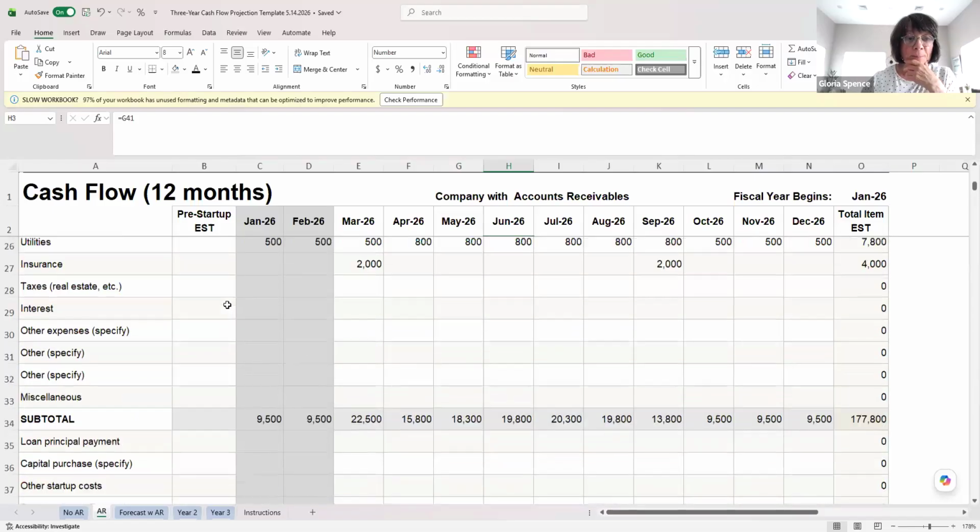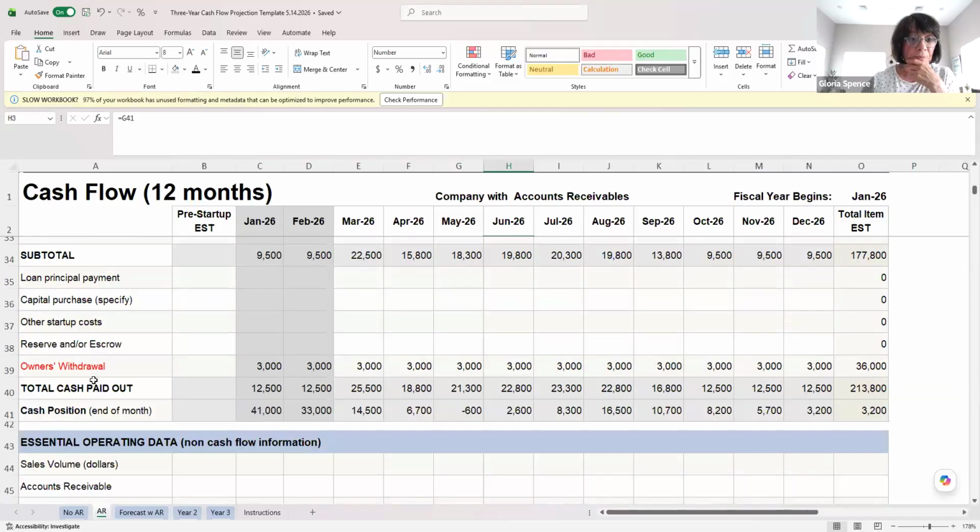So I'm going to jump down here to this line. This line here is owner's draw. As the business owner, depending on how your business entity is set up, you can either get a salary, or if you are a sole proprietor, you will only be taking out withdrawals from your business.